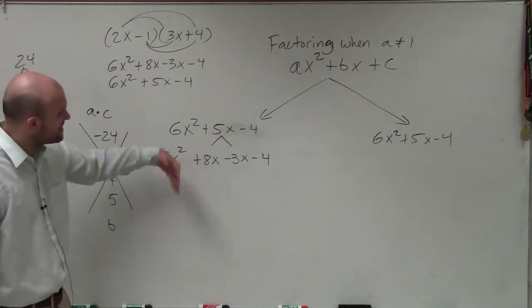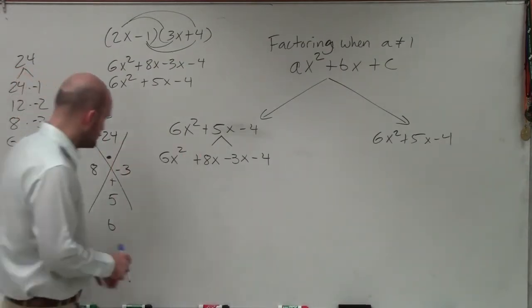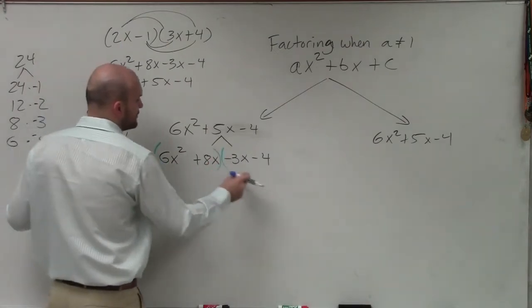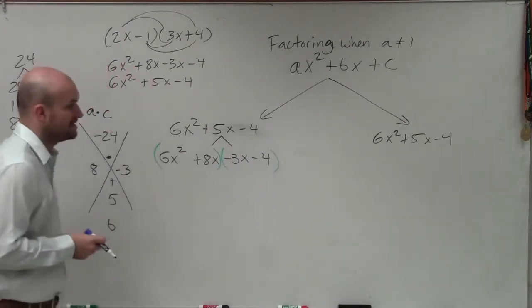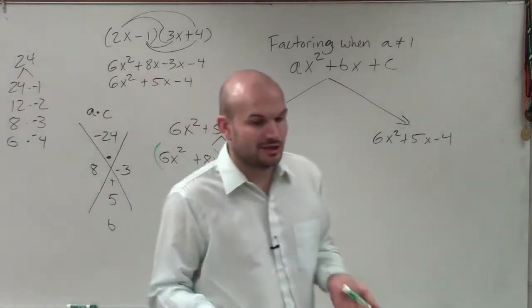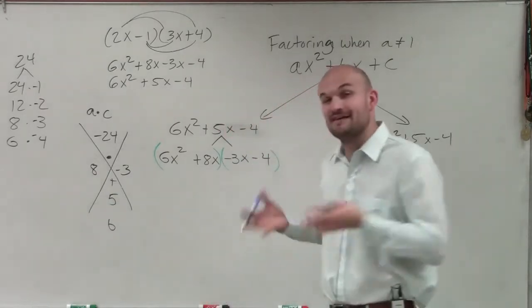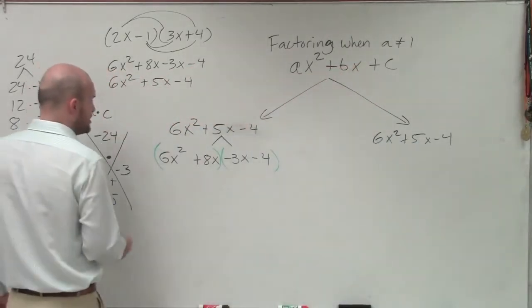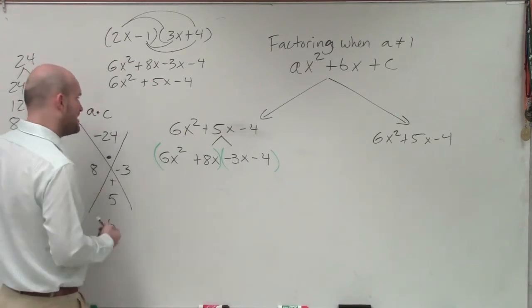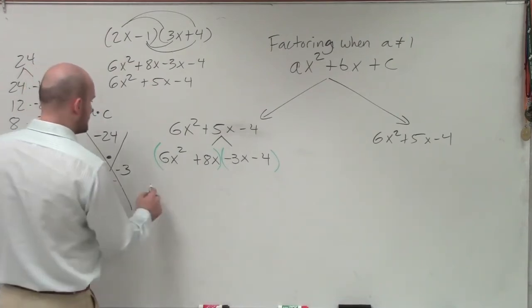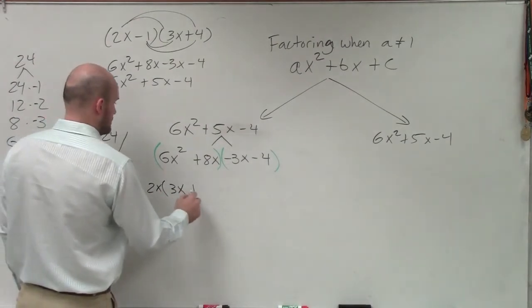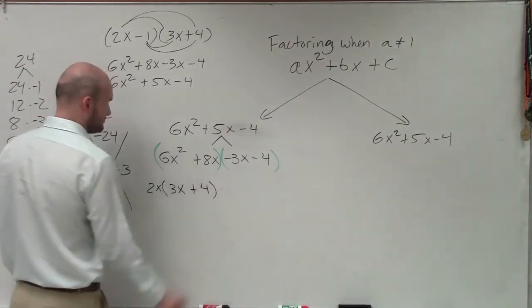So now what I've done is I've broken this up, and now I do what we call a technique which we call factor by grouping. So what I'm going to do is group the first two terms and group the last two terms. And now I look at each one of those expressions and see what I can factor out as far as a GCF. Well, I notice that they both share an x, as well as I can factor out a 2. So I factor out a 2x, and I'm left with a 3x plus 4.